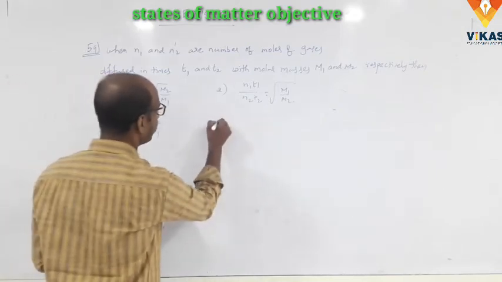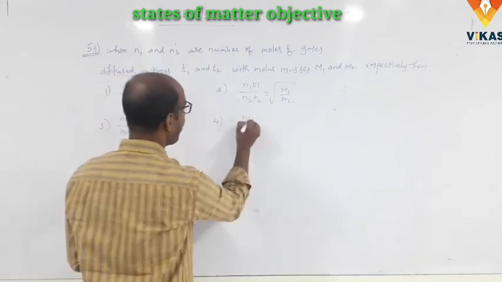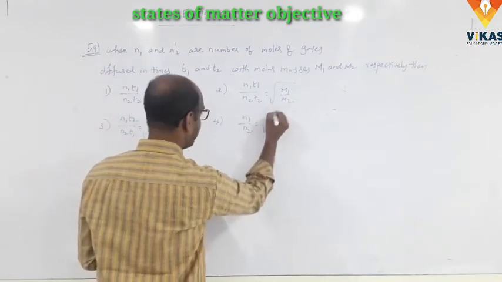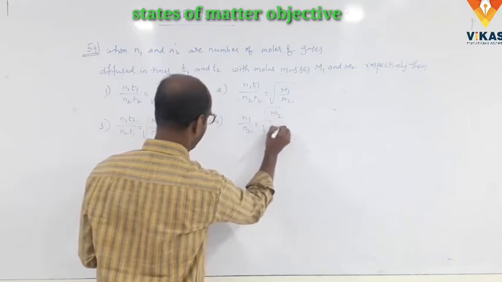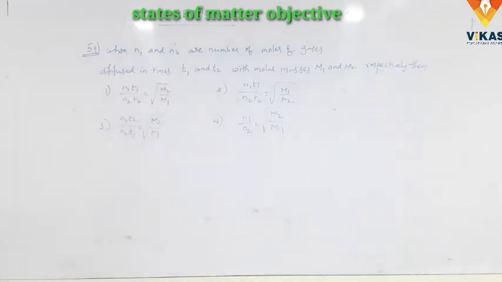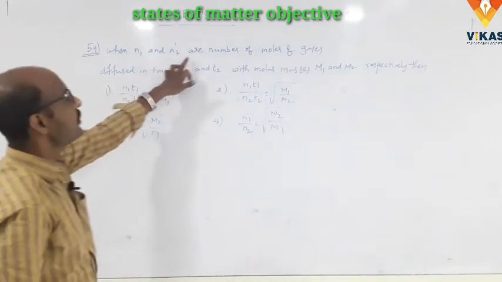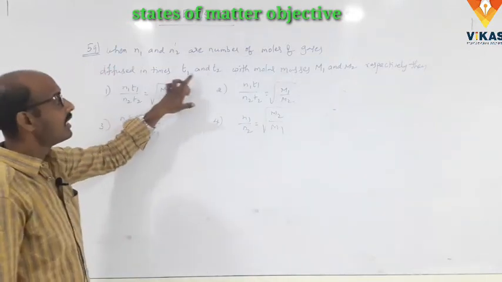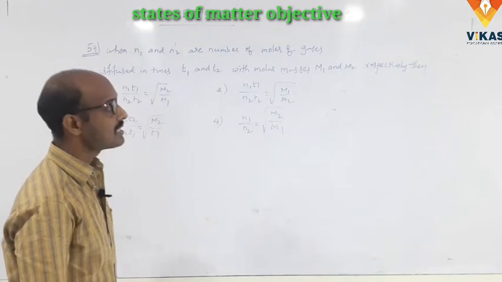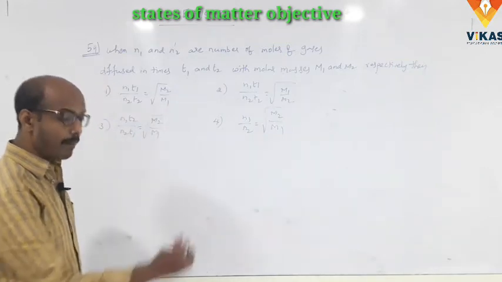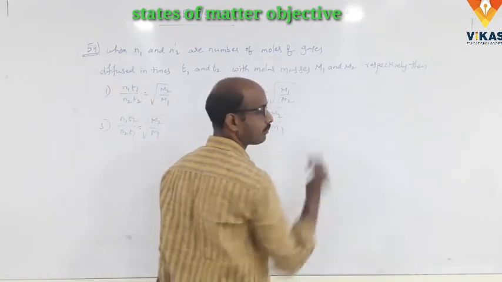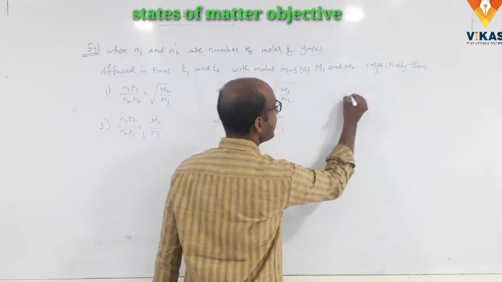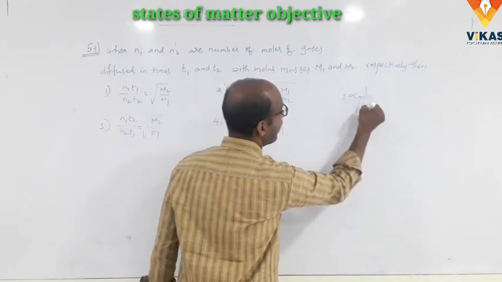And fourth one, N1/N2 equals under root of M2/M1, when N1 and N2 are the number of moles of gases diffused in times T1 and T2 with molar masses M1 and M2 respectively. Based on rate of diffusion, R is directly proportional to 1 by root m.